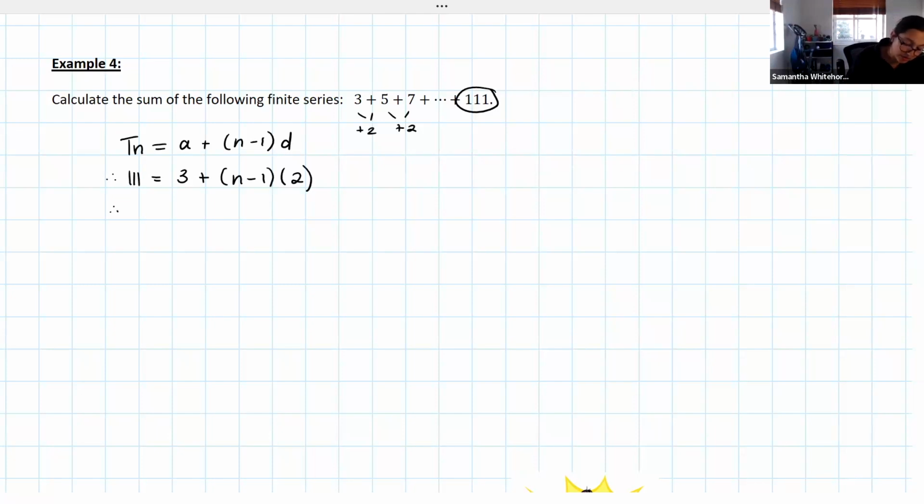So again, I'm going to start by subtracting 3 on both sides. 111 minus 3, 108, is equal to 2n minus 2. I'm going to add 2 on both sides. 110 is equal to 2n. Divide by 2 on both sides. n is equal to 55.